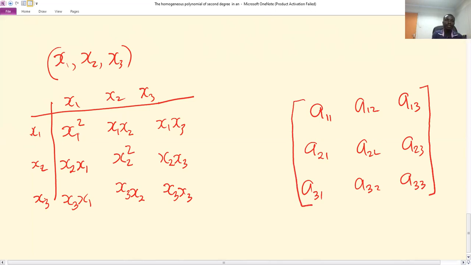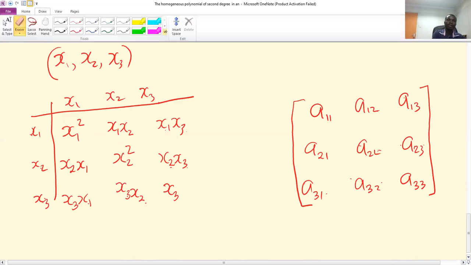You see here x1 squared is x1, x1, so A11, x1, x2 is A12, so number 1, 2, x1, x3, A13, x2, x1, A21, x2 squared is like x2, x2, so A22, x2, x3, A23, x3, x1, A31, x3, x2, A32, x3, x3 or x3 squared, which is A33. So this one, just write it as square.